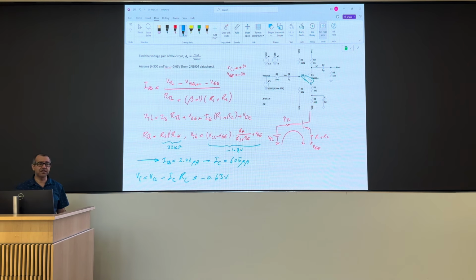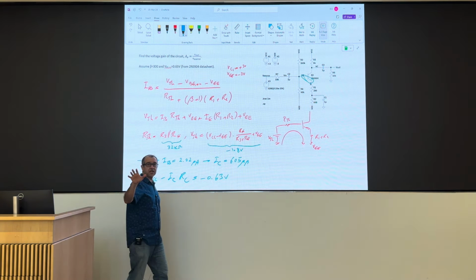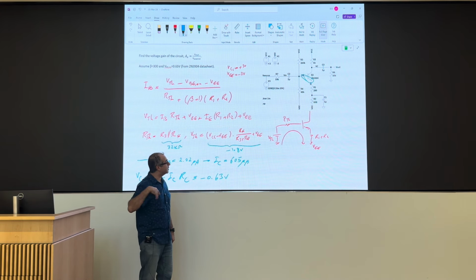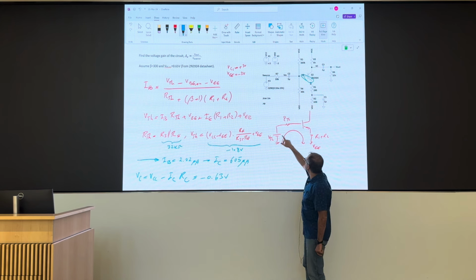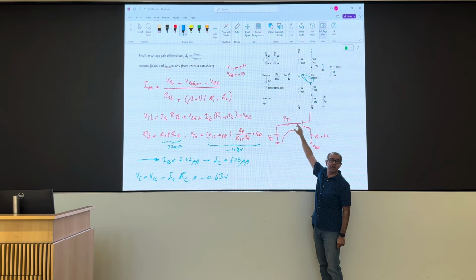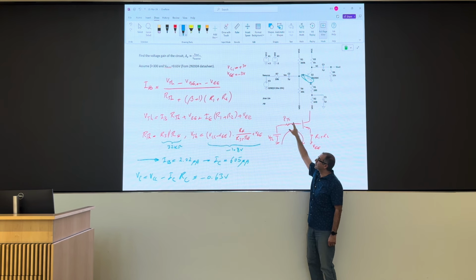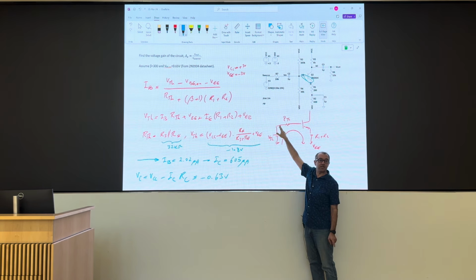Minus 0.63, okay? I cheated a bit. Nobody caught me, but I cheated a bit. I said VB, the base voltage, is minus 1.8. Is it or is it not? It's not. It's the Thevenin voltage that is the minus 1.8.